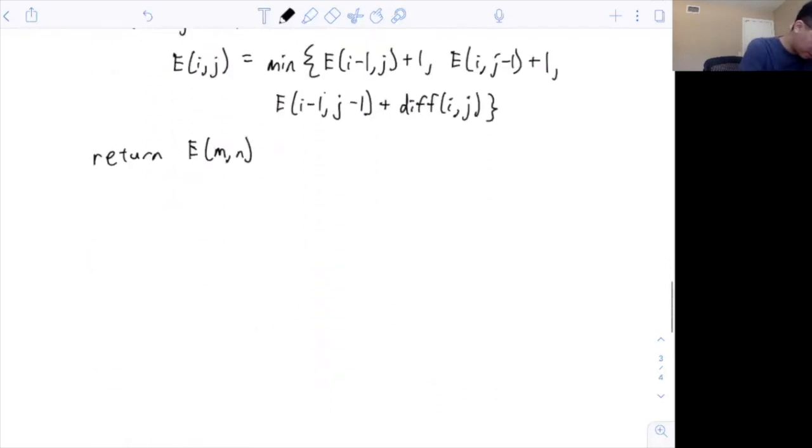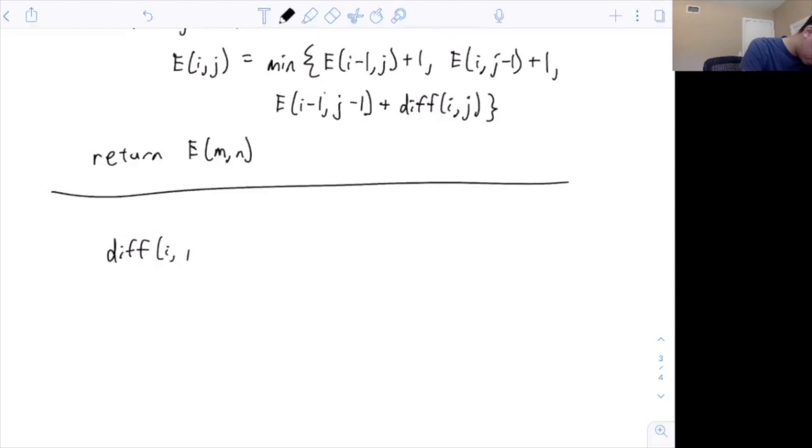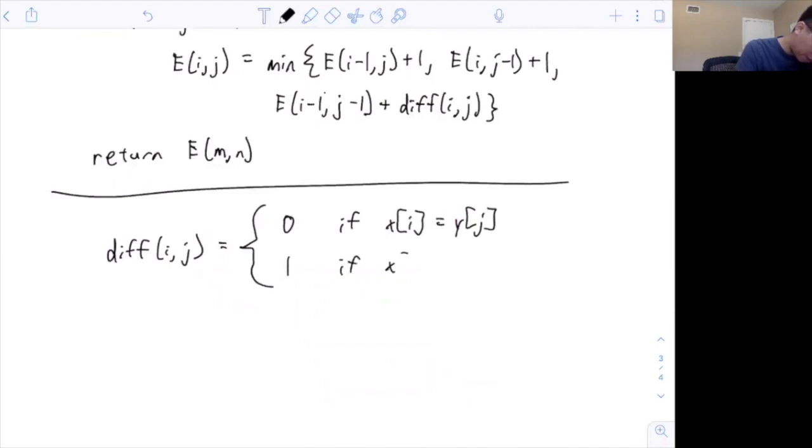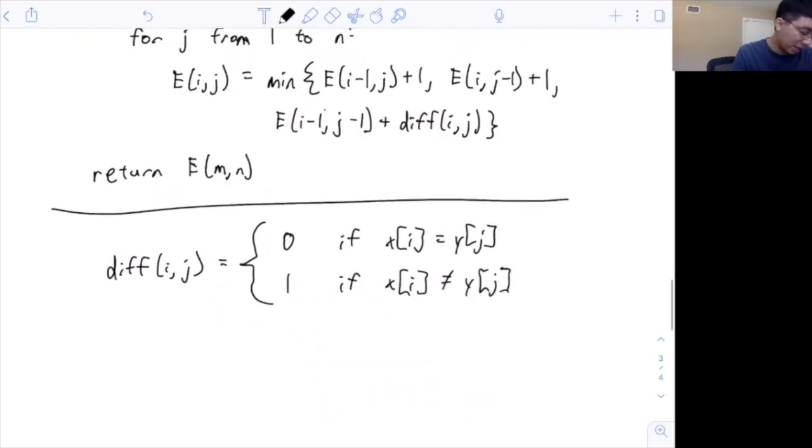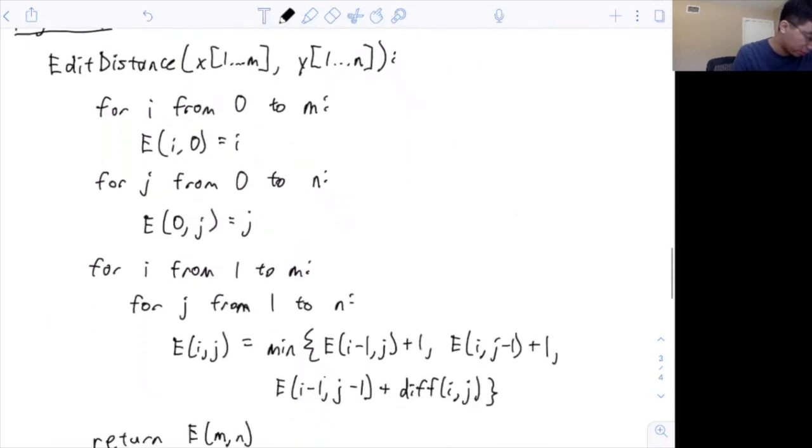Again, diff of ij equals 0 if xi equals yj, and 1 if xi is not equal to yj. This means we need to use an edit to make a substitution.